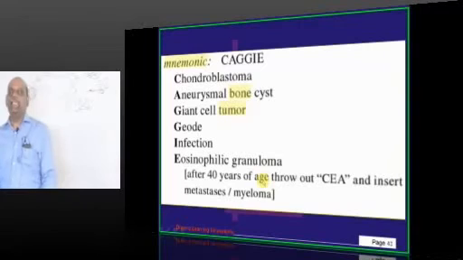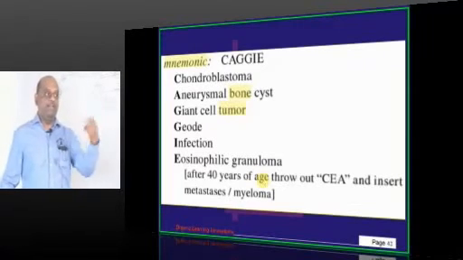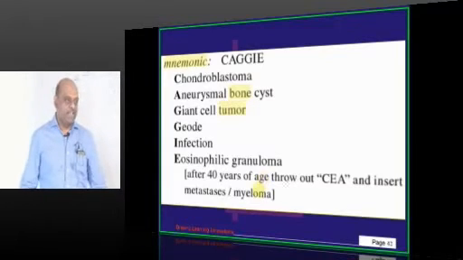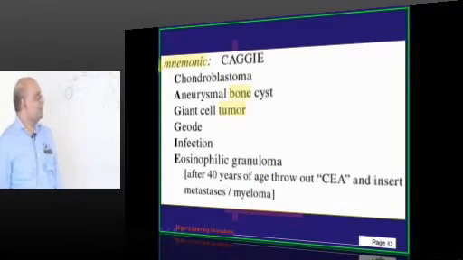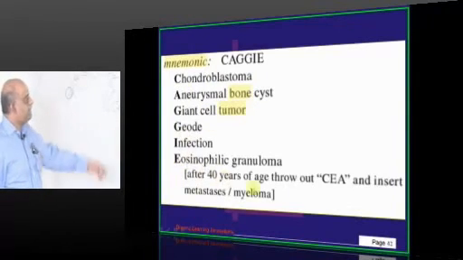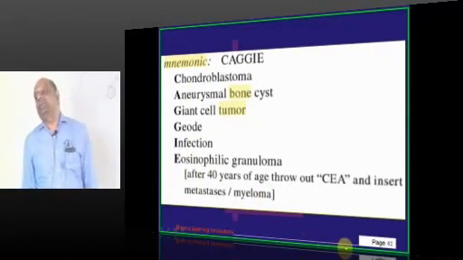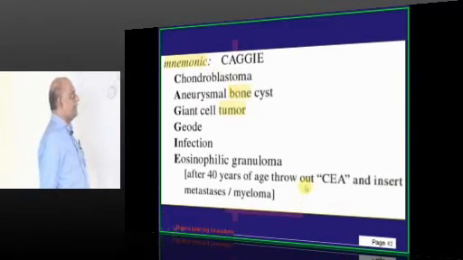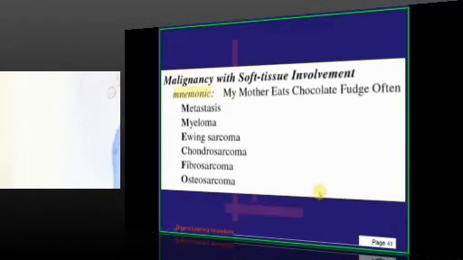One way to remember is CAGE. Where will that female officer put us in? Prison. So cage: chondroblastoma, aneurysmal bone cyst, giant cell tumor, infection and eosinophilic granuloma. They are all basically epiphyseal is what you have to remember.